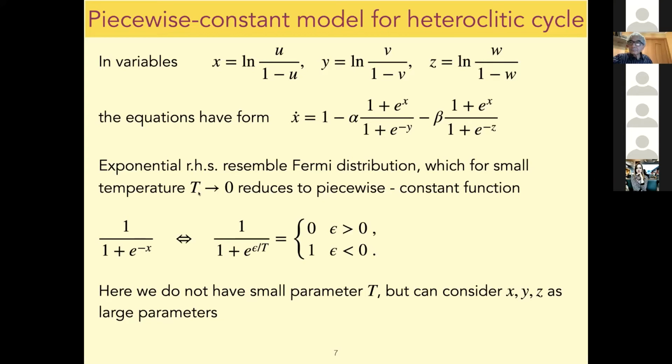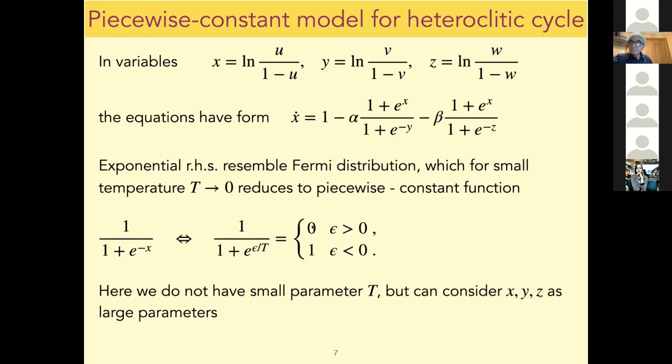It has a very simple limit when the parameter temperature goes to 0: the function takes 2 values, 0 and 1. It is essentially a step function.